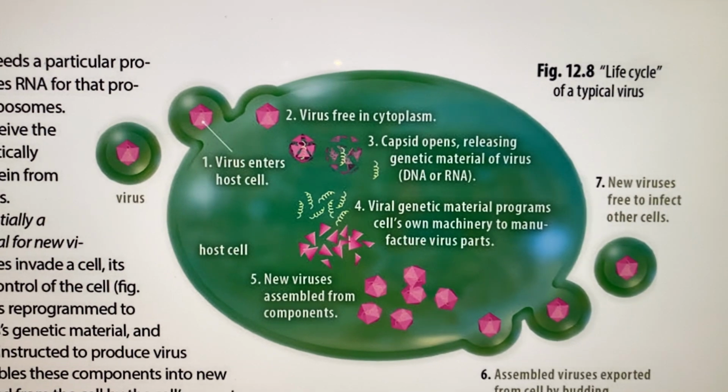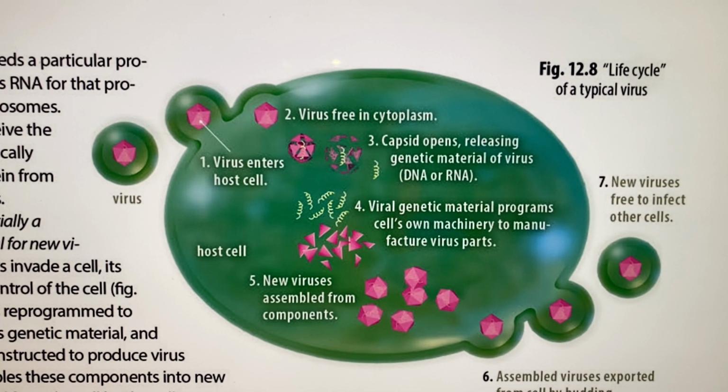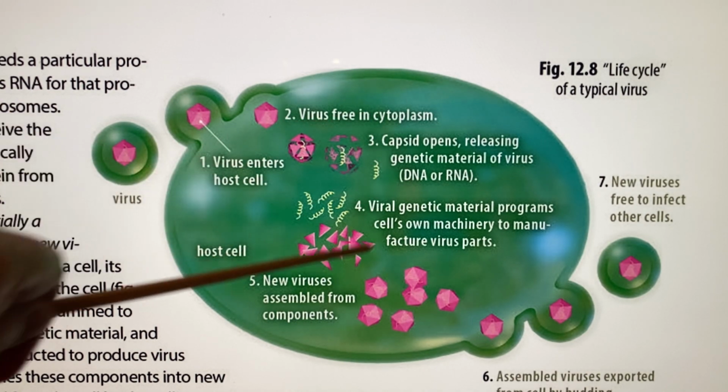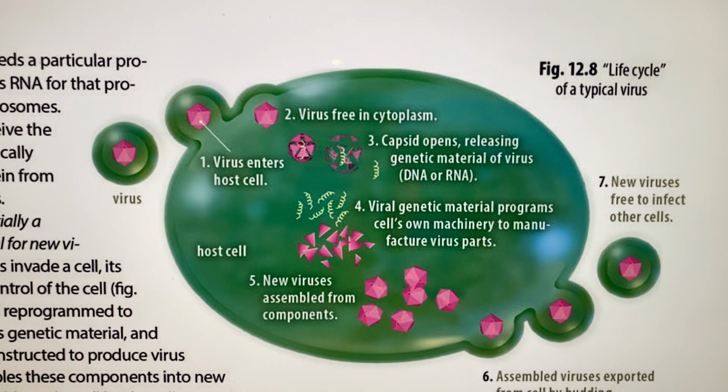So let's look here at the life cycle of a virus. The virus enters the host cell. So here's this little virus, it's coming on in, and then the virus is free in the cytoplasm of the cell. Number three, the virus is free in here.